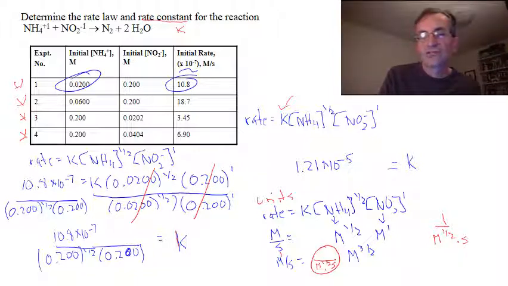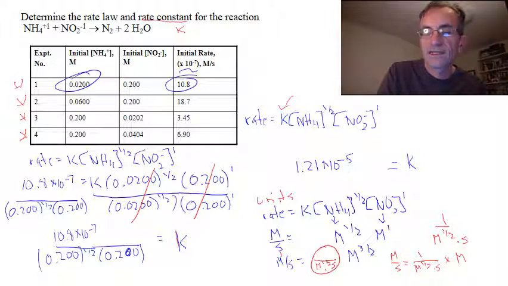So let's just double check. Does that work? I'm going to finish it up right here. So I need molarity per second. So if I have molarity to the half power and seconds on the bottom, and then that's times the molarity to the 3/2 that I ended up with for all those concentrations, that works.